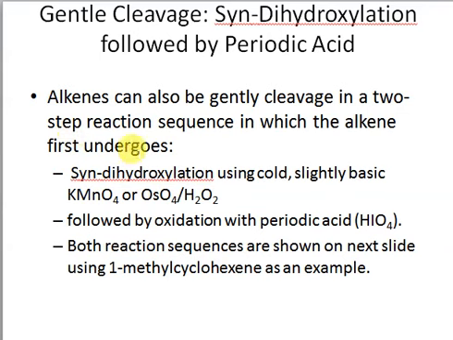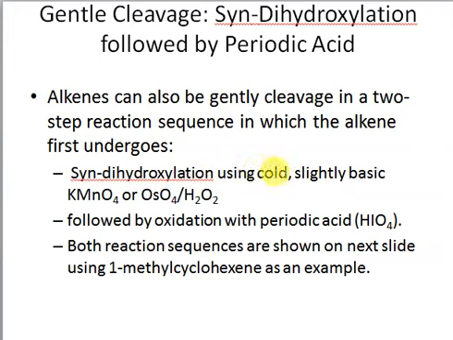Alright, so firstly we will consider the gentle cleavage. We will start with syn-dihydroxylation, followed by periodic acid treatment. This is a two-step reaction sequence. Firstly, we convert the alkene into a syn-dihydroxylated product, that is, into a diol.